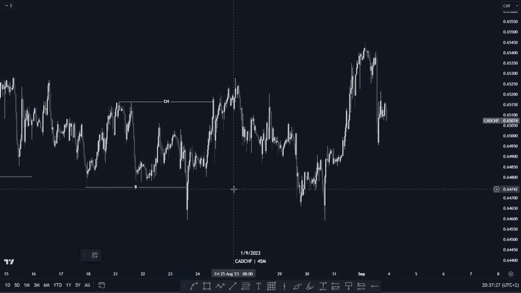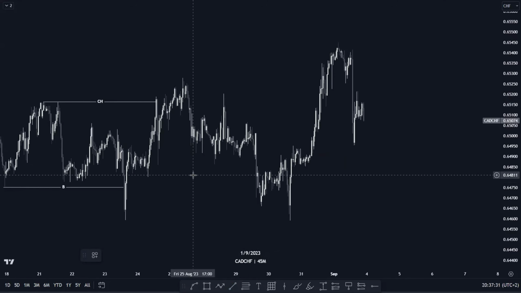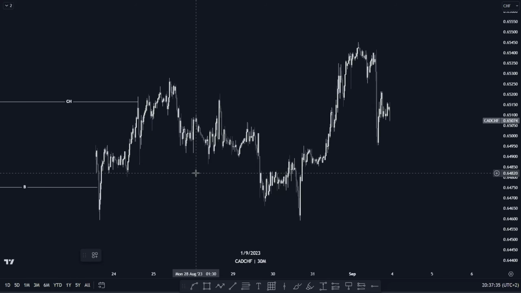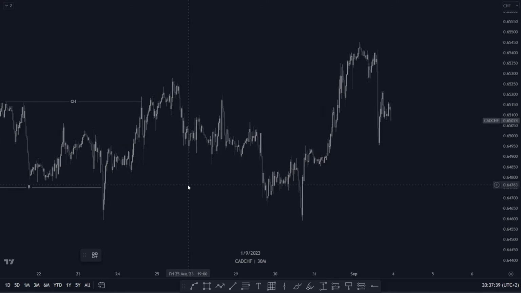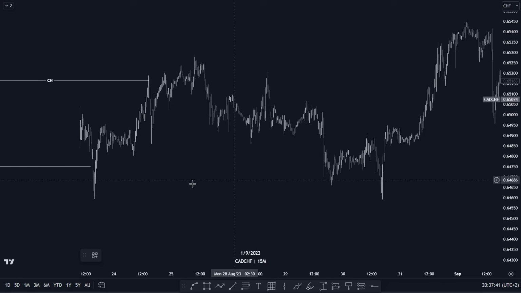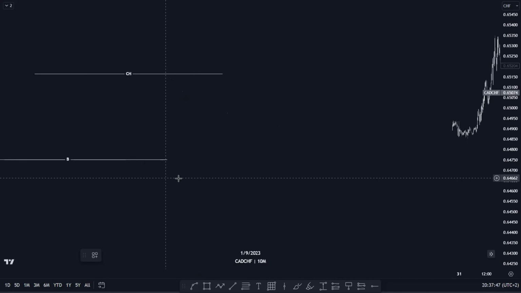So now what you have to do is look for your demand area. Let's move to our 30-minute chart. There's nothing there. 15-minute, there's also nothing there. Let's go to our 10-minute chart.